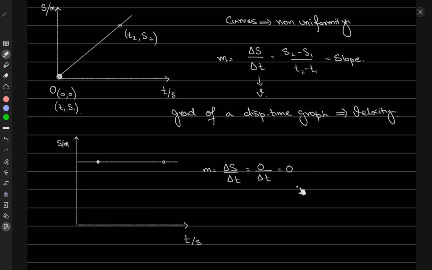And this means that whenever the gradient of a graph is 0, or the slope vanishes, the velocity of the object is 0, whatever the meters per second, it doesn't matter because it's 0, which means that 0 slope implies the object is at rest.